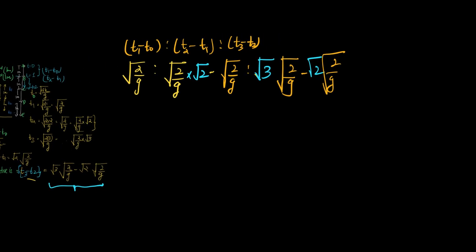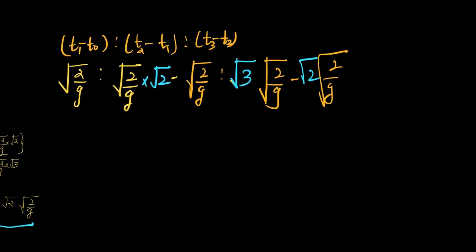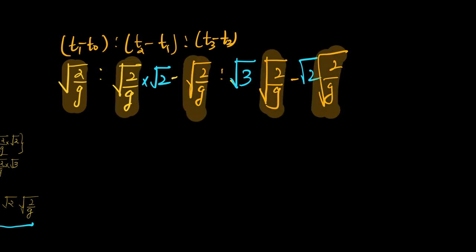Now, if you have a look at the equation here, what is common in every term? Root of 2 by g is common in every term, right? So what can we do? We can cancel off that term, and what do we get in terms of that?